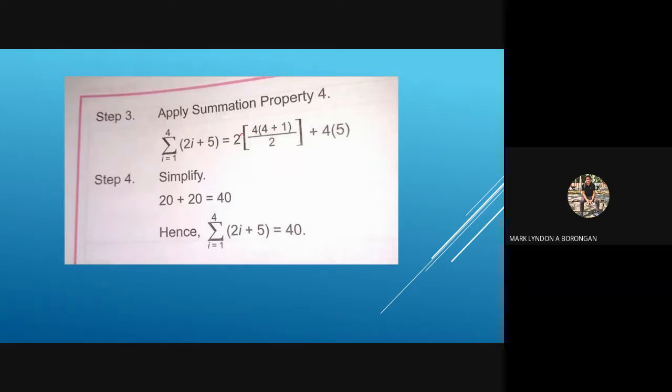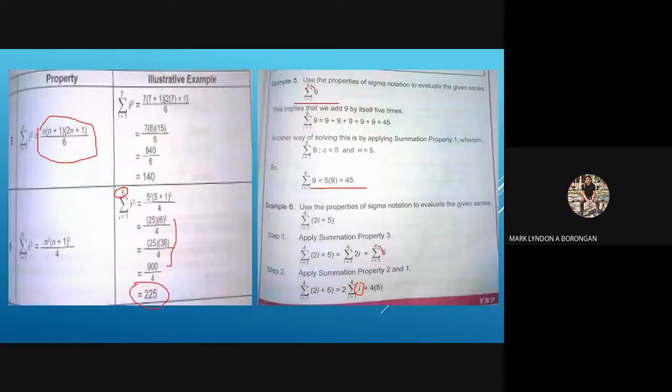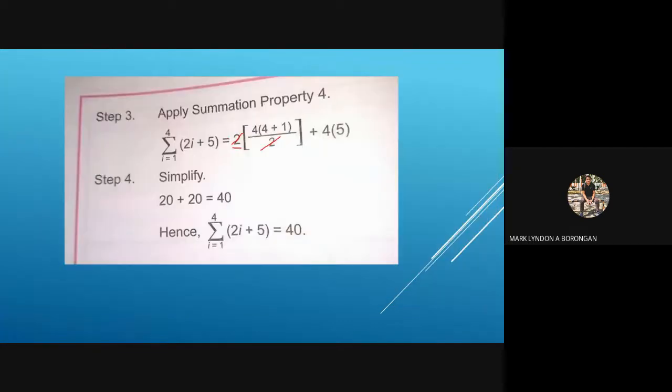So the 2 cancels out here. Then you'll have 4 plus 1, that is 5, and then 5 times 4, which is 20.